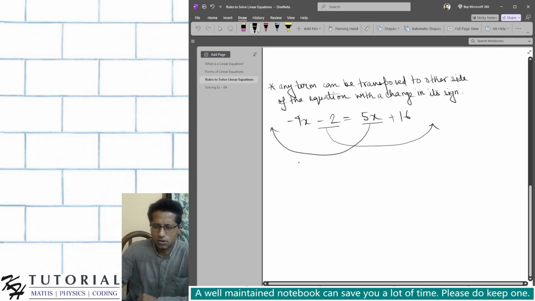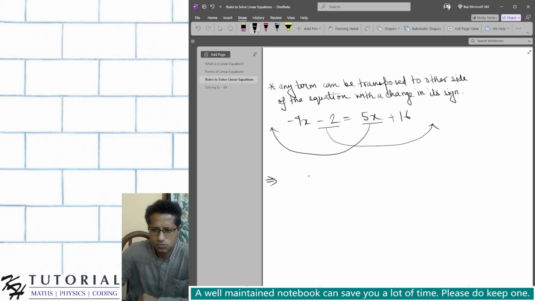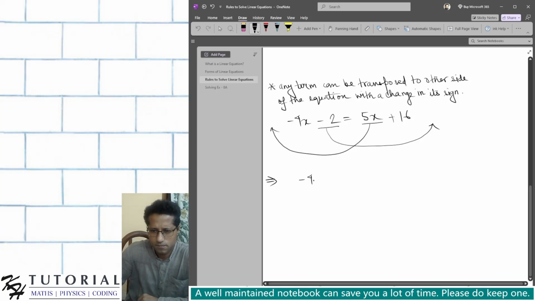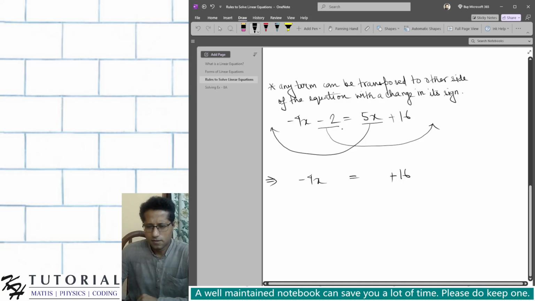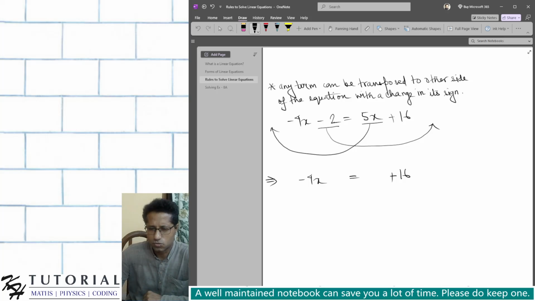What will the equation look like? When I am moving, I am not moving the terms minus 4x and plus 16. They will remain as they are. Only the term minus 2 is being transposed from the left hand side to the right hand side.